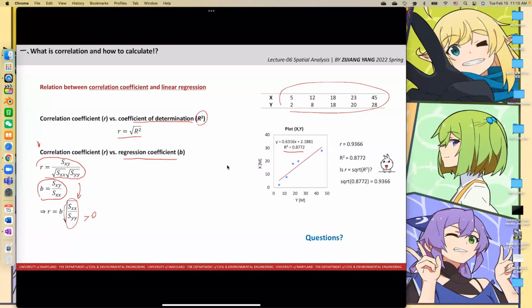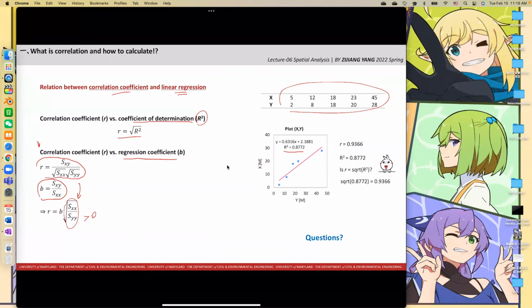So which one do we prefer to use? You mean which situation would be better for one over the other, the correlation coefficients or linear regression? I would say their purposes are different.